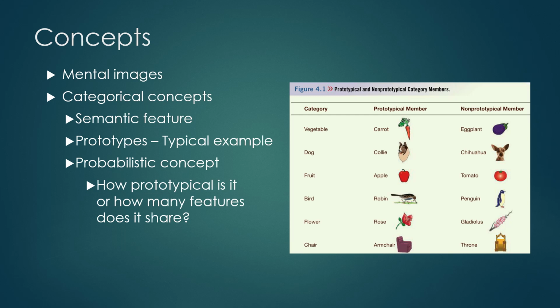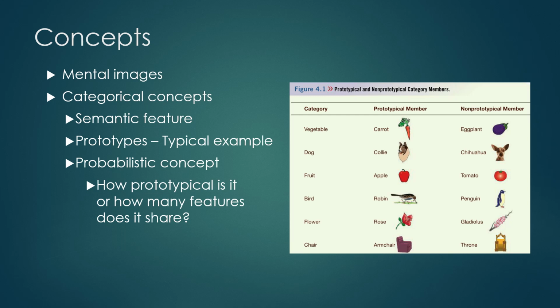A word is usually tied to the prototypical example of the referent. Not all birds are equally bird-like. When I first said bird, you were most likely calling to mind a small songbird, like a robin or a sparrow.